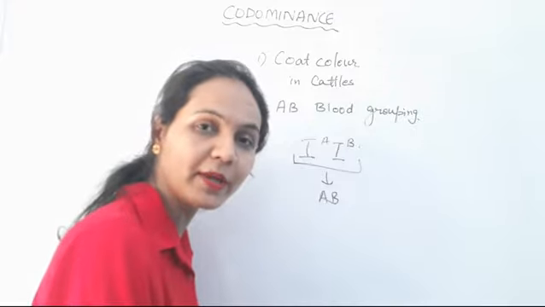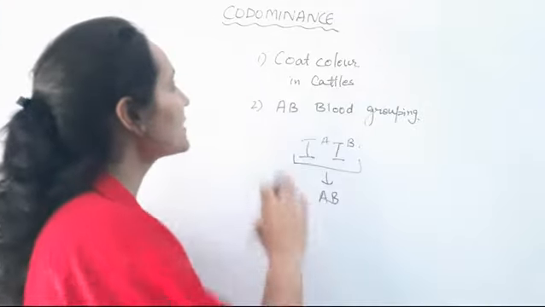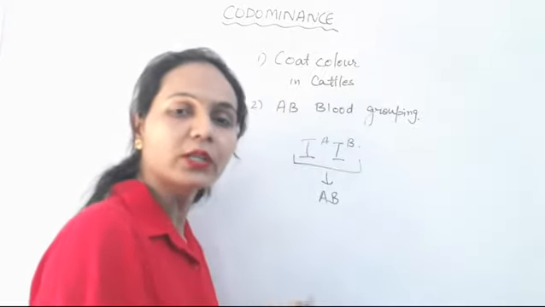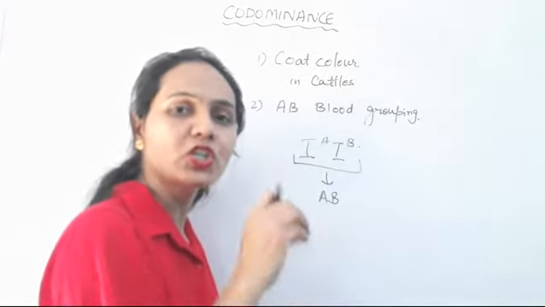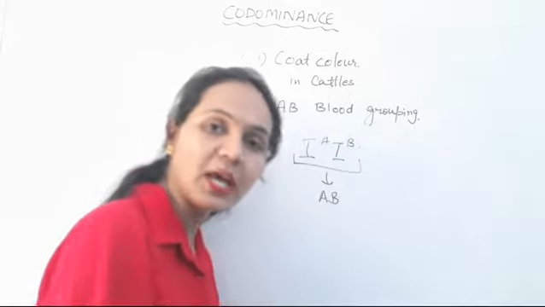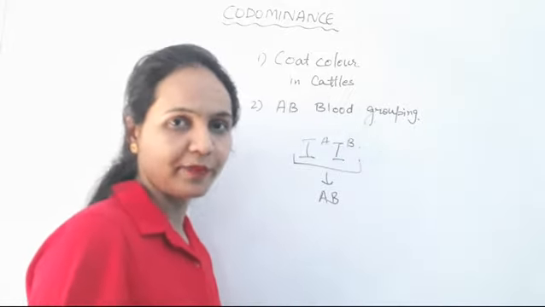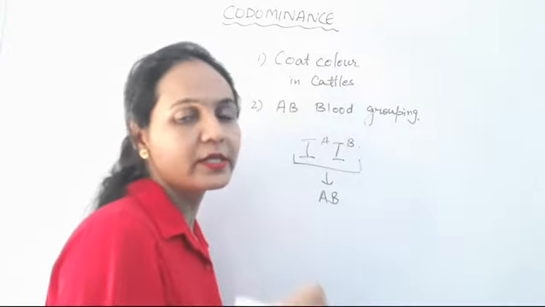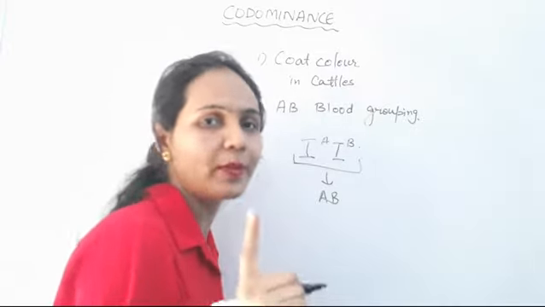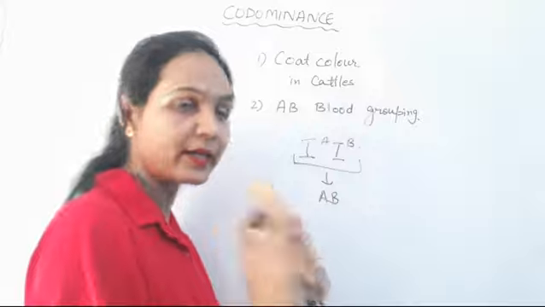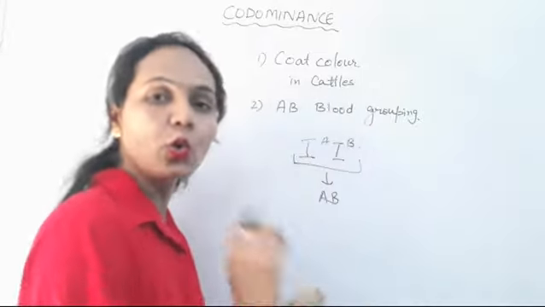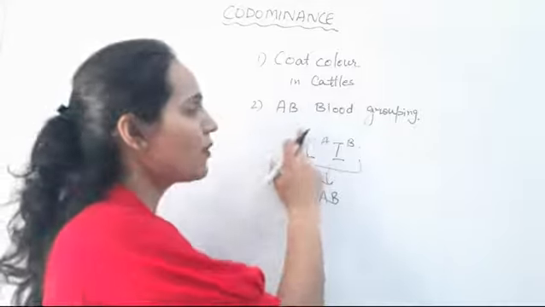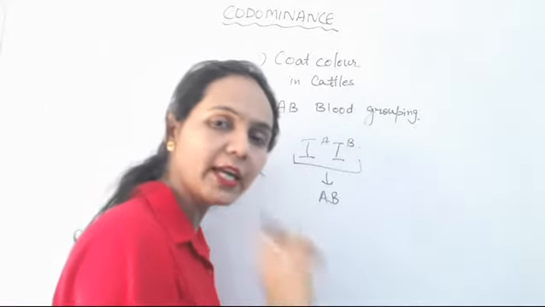This is an example of codominance, where I have told you that both the alleles in a particular gene can express themselves equally. Clear? That is known as codominance. So beta, have you cleared this point? Codominance means that the pair of alleles express equally.